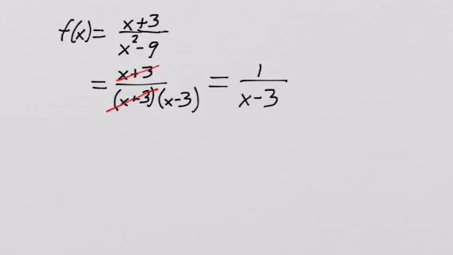There is one caveat that you do have to be careful with here. That x still cannot equal -3. Factoring and then canceling common factors does not change the domain of the rational expression.